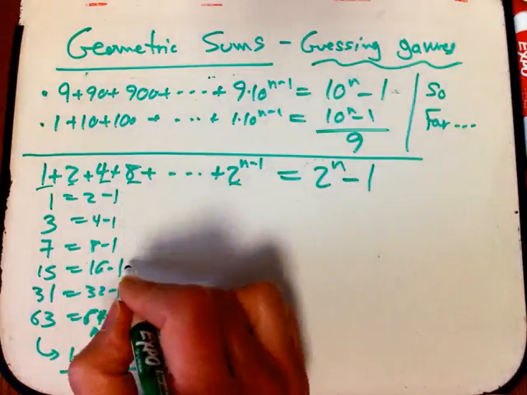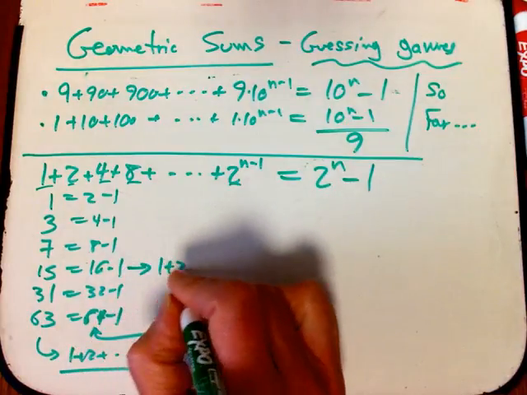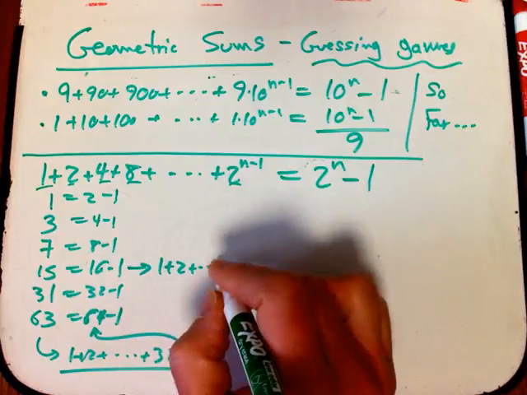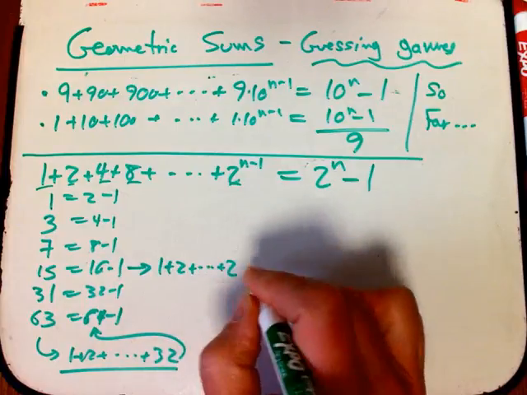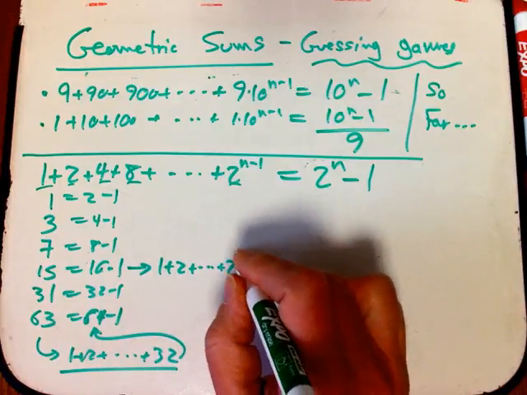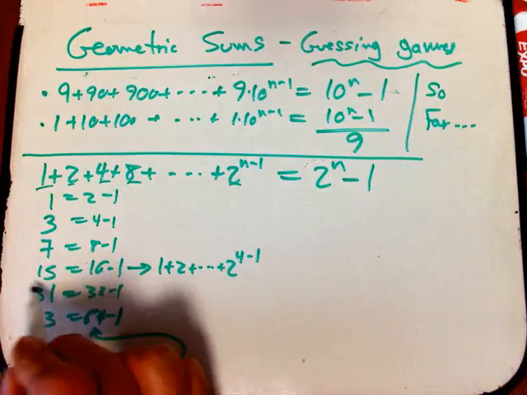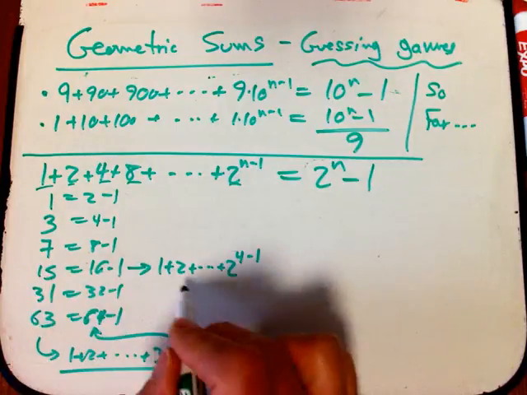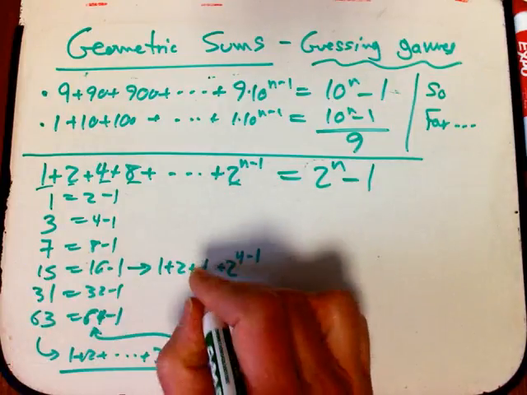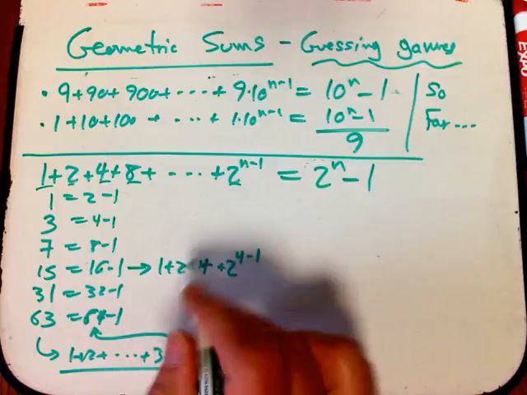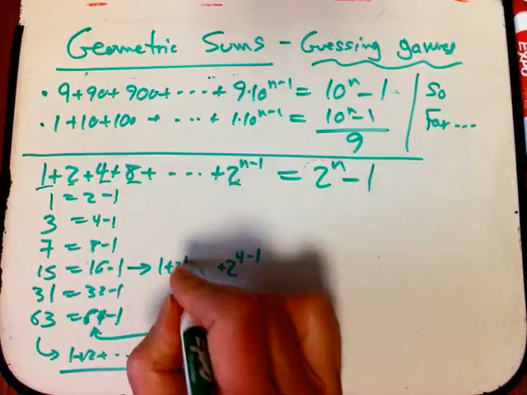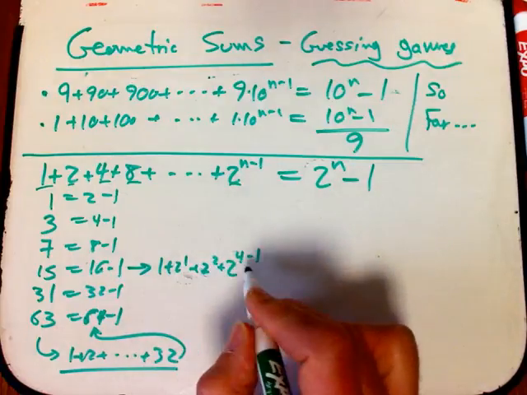So for example, this one is 1 plus 2, dot dot dot, plus 2 to the 4 minus 1. The last one we added here was an 8. That's the fourth term. Maybe just write it as 2 to the 1 plus 2 to the 2 plus 2 to the 3.